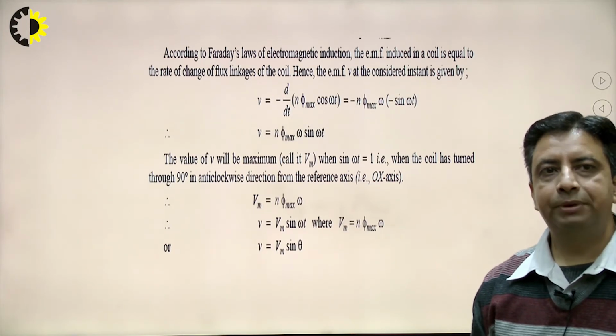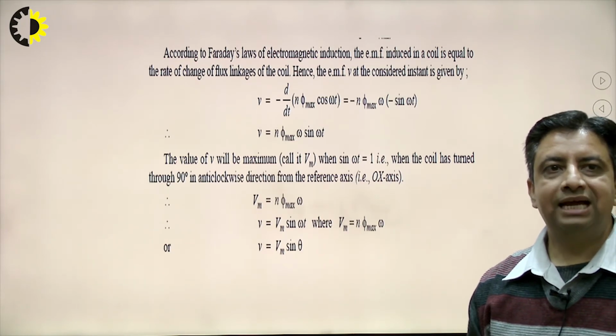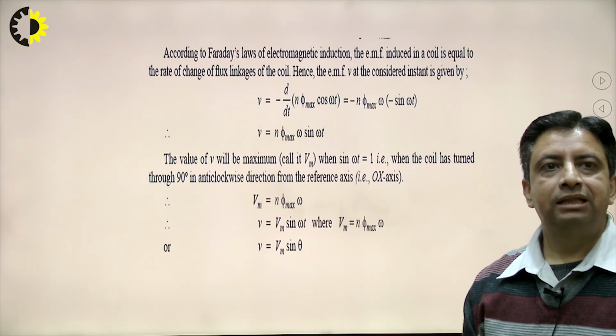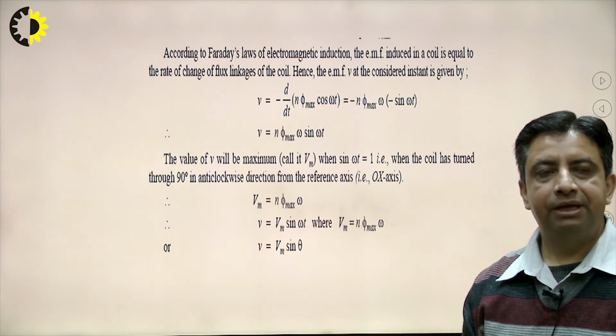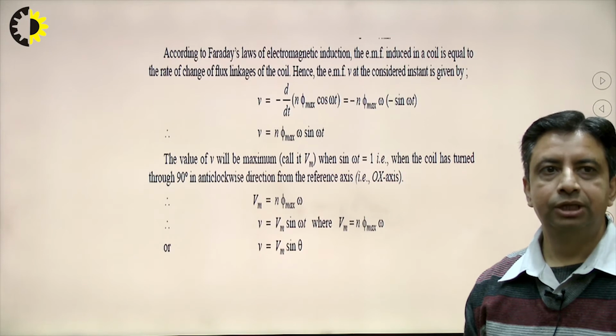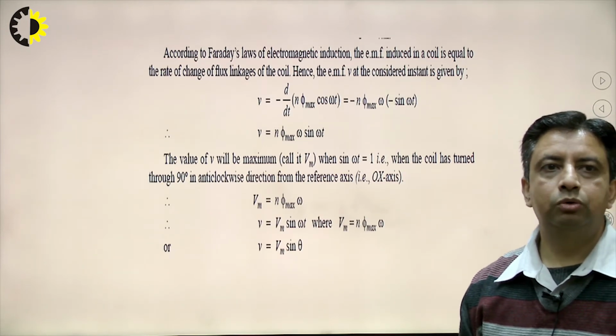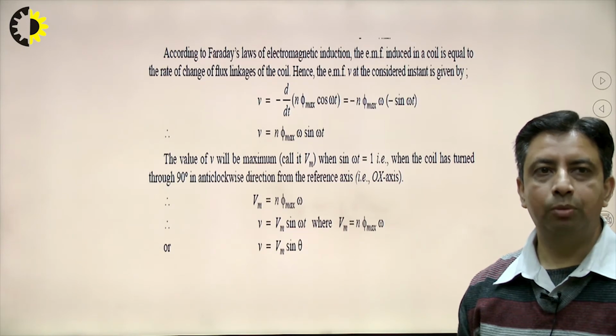Now, when omega t is equal to pi by 2, at that particular time sin becomes equal to 1, so the quantity will be maximum. That can be represented by Vm. So Vm will be equal to N phi m omega.